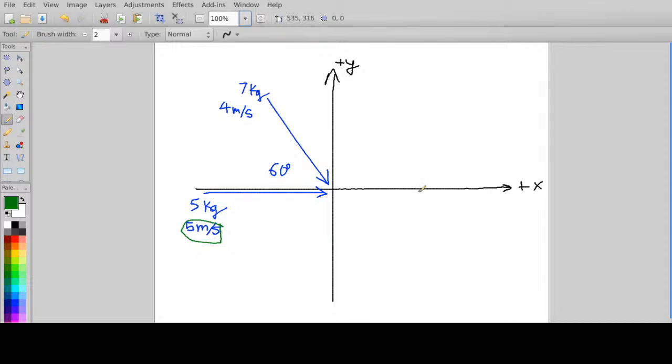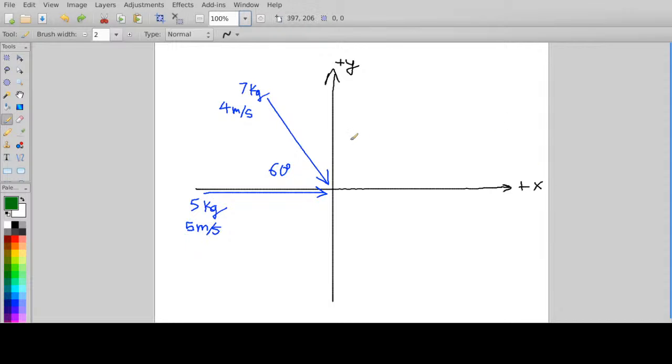Well, because it's going straight along the x-axis, and in fact, it's heading directly towards the positive x-axis. Okay, and so it has no y component. There's nothing to break up. You don't have to do the cosine and sine of that. You've got its resolution into x and y already.